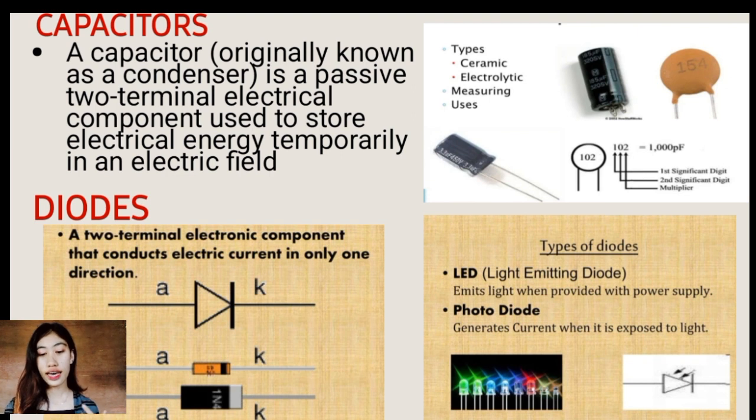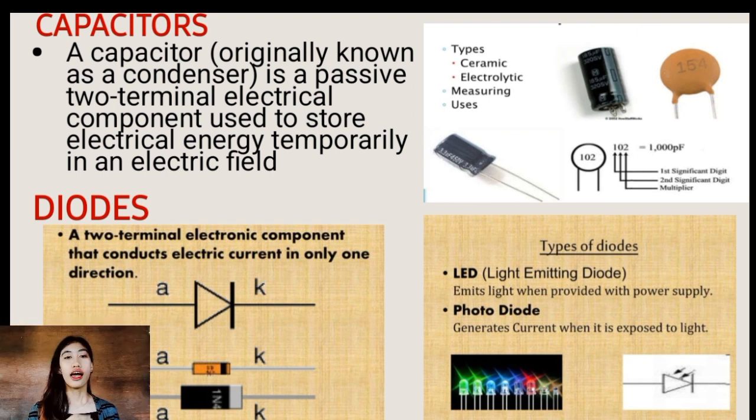First is the electrolytic capacitor, ceramic, polyester film, and the mica. Diode is a two-terminal electronics component that conducts electric current in only one direction.